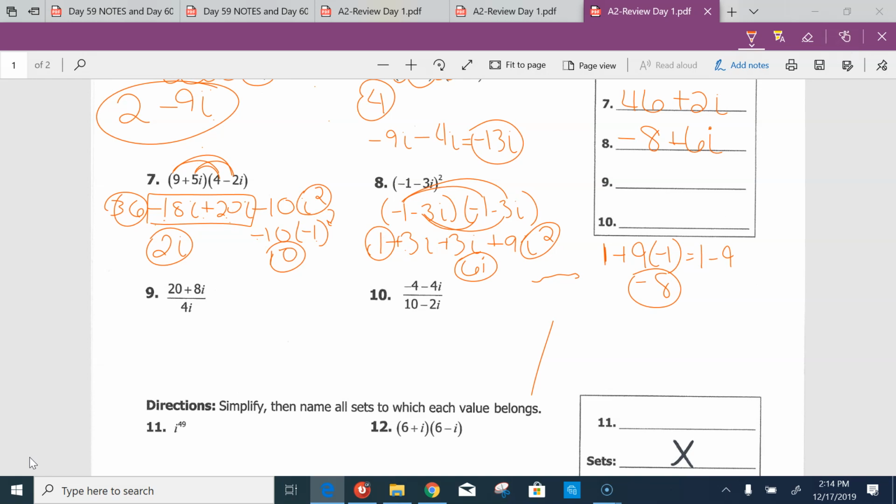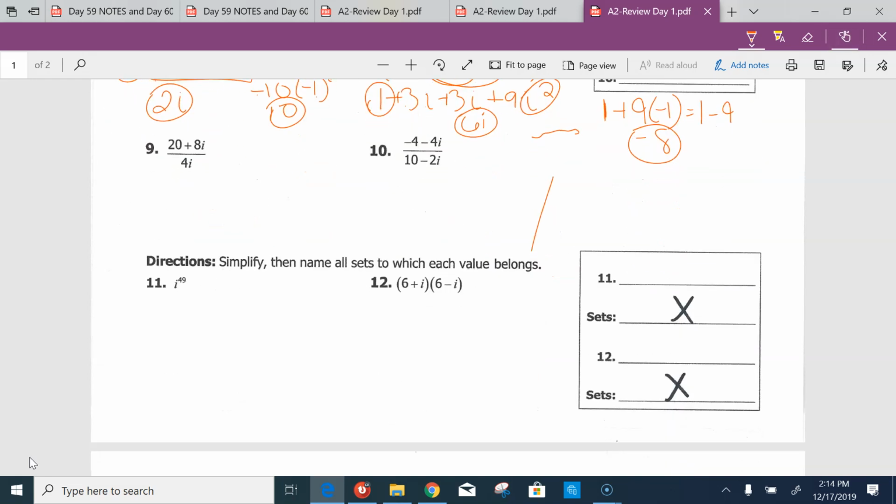Moving on to the last two in this first section, number 9 and number 10. For number 9, let's see what I did here. Oh, you can't have i in the denominator. So whenever that happens, you multiply the numerator and the denominator both by i.